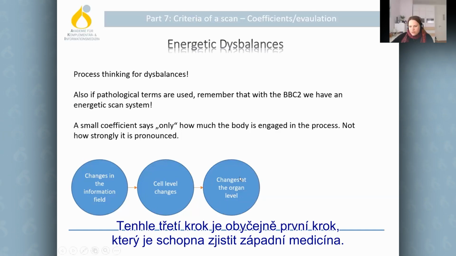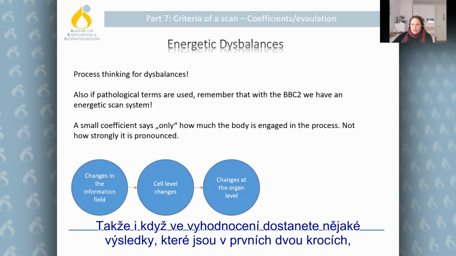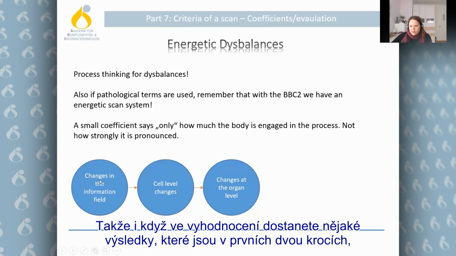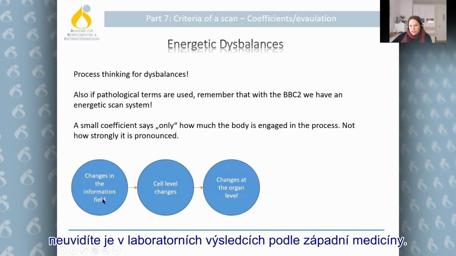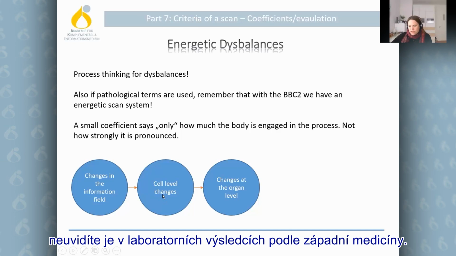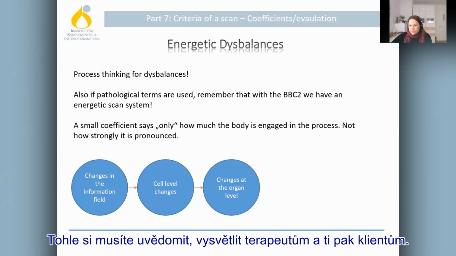And in this third step, it's normally the first step when we can see it with Western medicine. So even if you have shown it in the evaluation in the first two steps, so the information field changes, so the cell level changes, you won't see it with the Western medicine laboratories. So this is what you have to know for yourself, for the therapists, and for the patients as well.